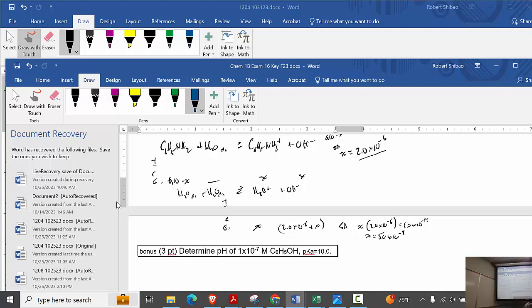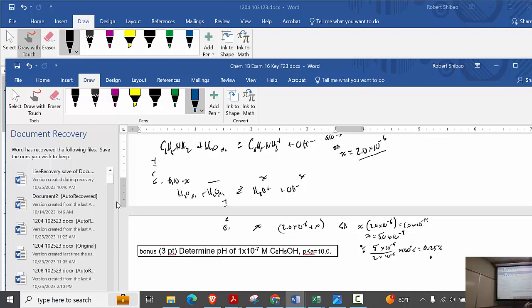And then I check, is that okay? And so I'll do the percent. Percent is the change, 5 times 10 to the minus 9 over the initial 2 times 10 to the minus 6, times 100%, is 0.25%.